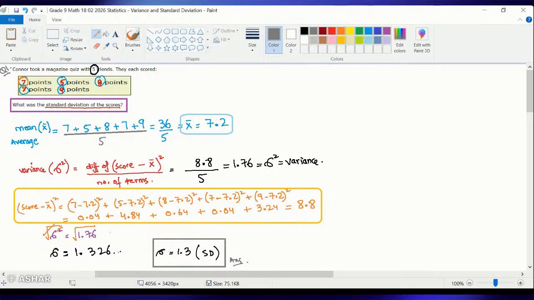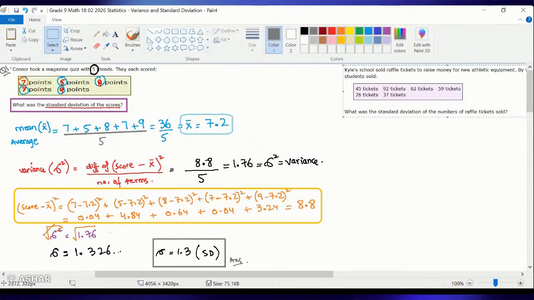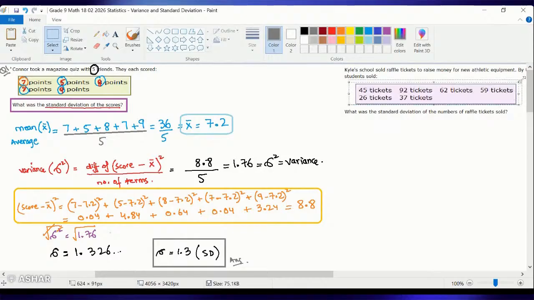For the next question, it says, just a moment, please. There are 6 students for this raffle ticket. The next question is given in this manner, and these were the values given to us. I'll try to revise this first.